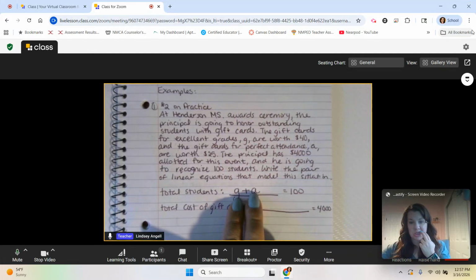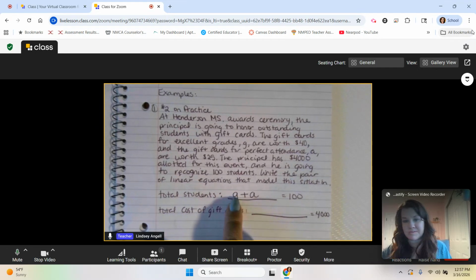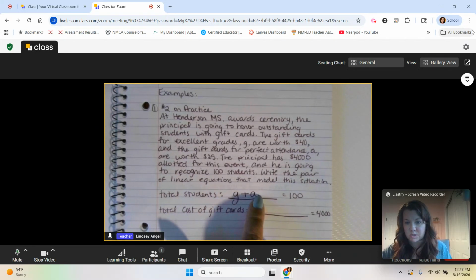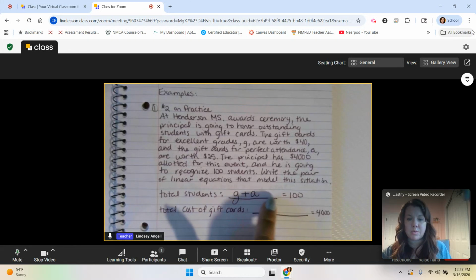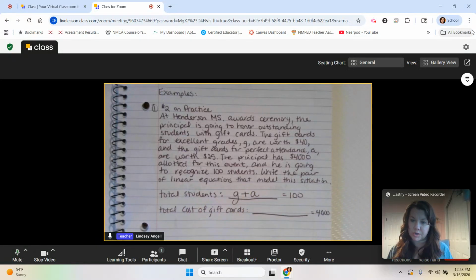Yes, they're representing the gift cards, but they're also representing the students, right? Because we can say this number of students had good grades, this number of students had perfect attendance, and when we add those together, they're going to total up to 100 students.